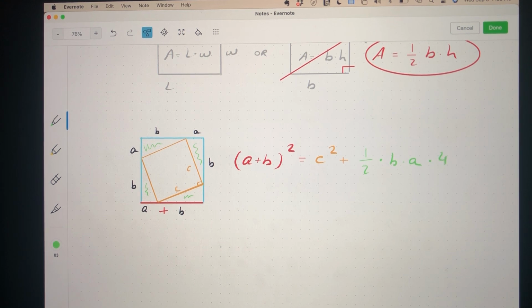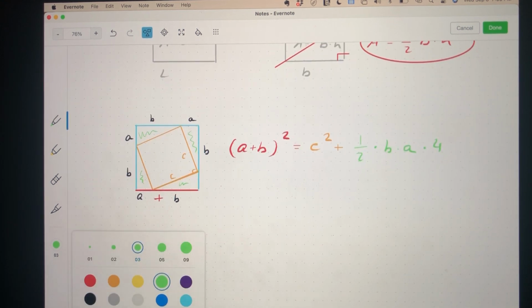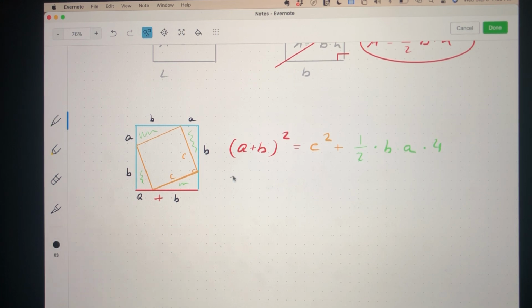Now let's simplify and see what comes out. If we square A plus B, we can multiply it out if we wish. (A plus B) squared equals C squared plus 2AB. Now 4 times half is 2. In other words, 4 divided by 2 is 2.